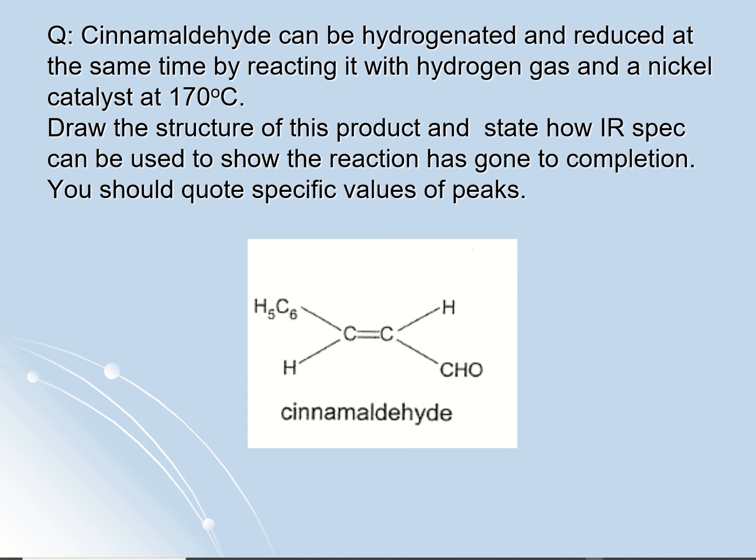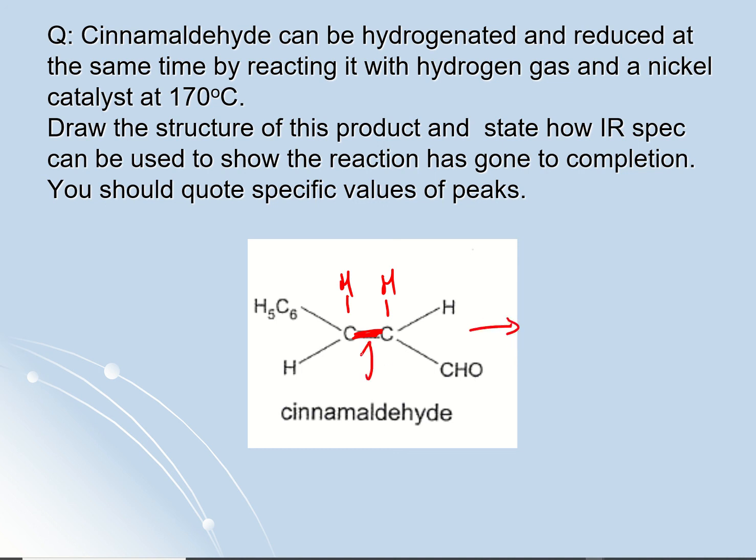Cinnamaldehyde can be hydrogenated with nickel at 170 degrees Celsius. Draw the structure and state how IR spec can be used to show the reaction has gone to completion. Well, the product is where the double bond breaks, becomes single, and I now have a hydrogen here and a hydrogen here. How do we show that that reaction has been successful?